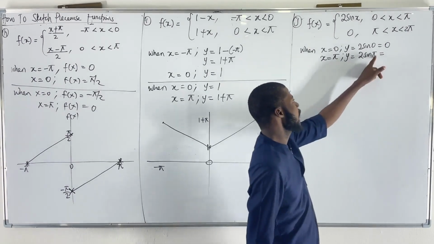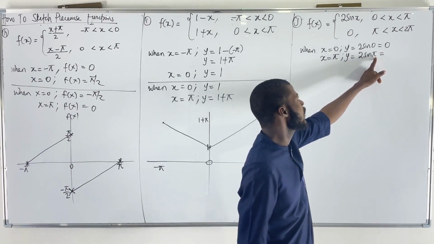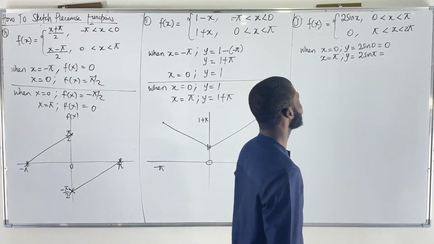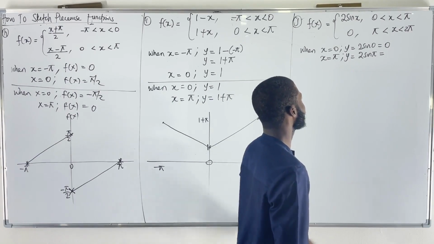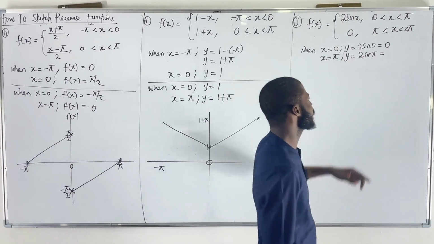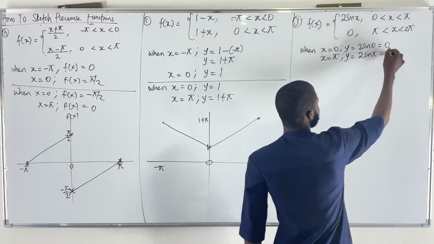And we know that pi is equal to what? 180. So sine pi is 0. Times 2, that's still 0.